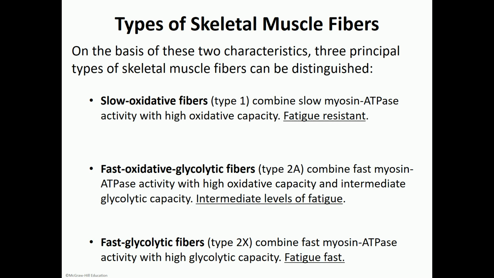You are contracting your back muscles whether you're standing or sitting, and they do resist fatigue. The intermediate fibers are known as fast oxidative glycolytic fibers. And the third kind are known as fast glycolytic fibers, type 2X. Those fatigue very fast. Know that the majority of muscles are a combination of all three of them. One might be more than the other, though.